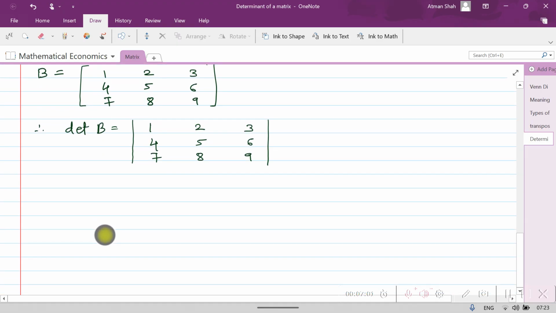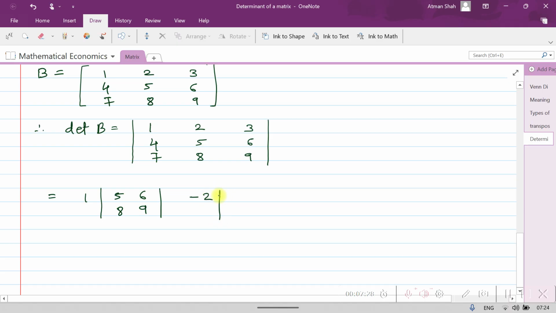So the formula is first write A11, which is 1. Hide the first row and first column. Then the remaining part is 5, 6, 8, 9, minus 2.